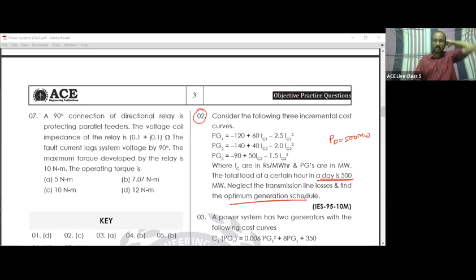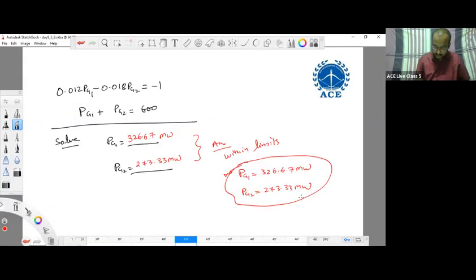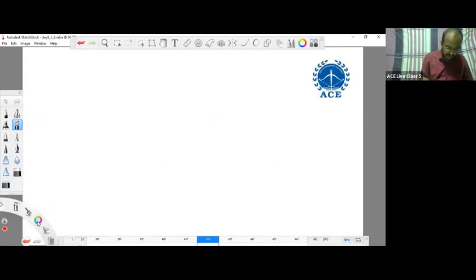Let's try to solve. So how do you solve the second one? Observe here. Now going for problem number 2.